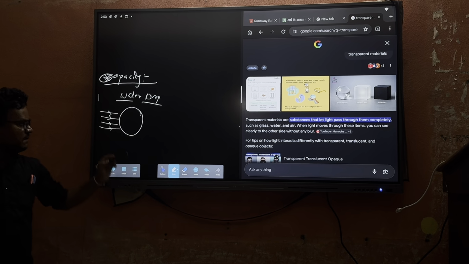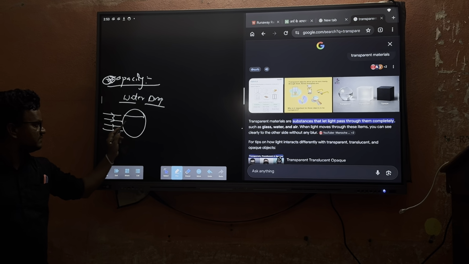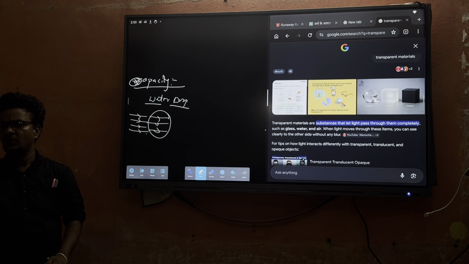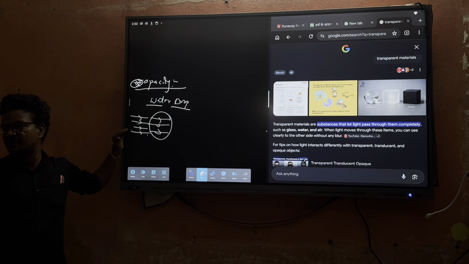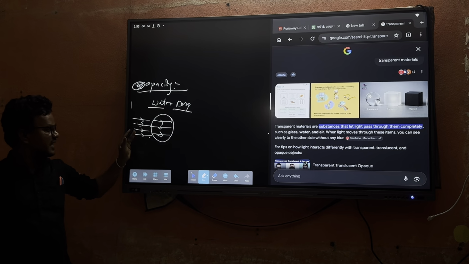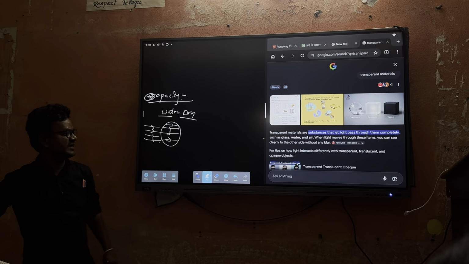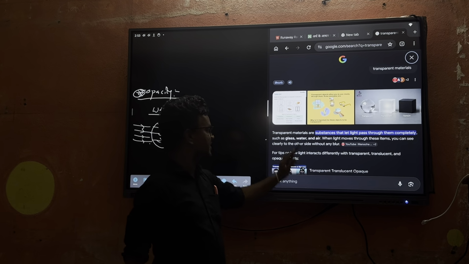There are four rays, and all four rays are allowed inside. No rays reflect back. These types of materials we can call transparent materials.